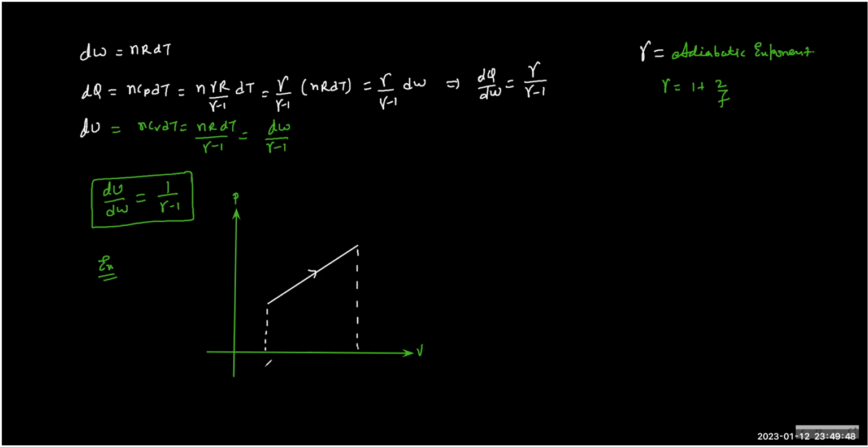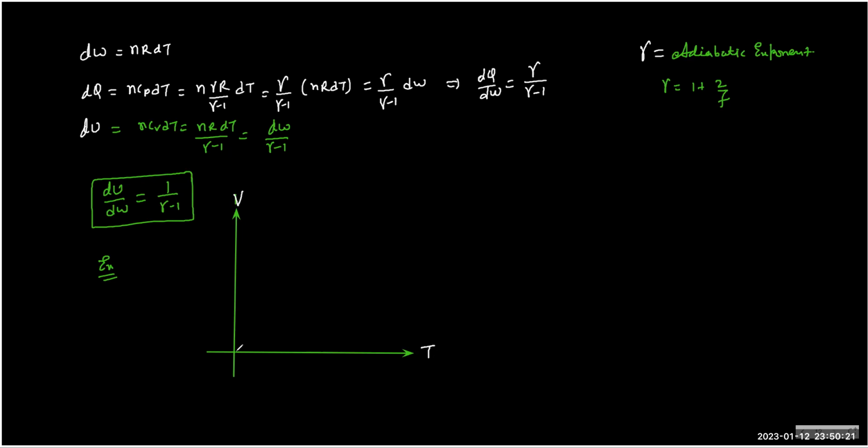Definitely I'll give you some nice values, V naught, 2 V naught, P naught, 3 P naught. Just a minute. So the graph will be given to you like this.